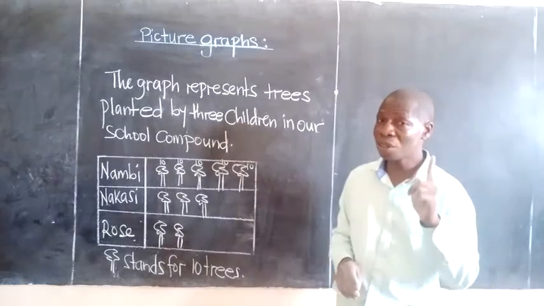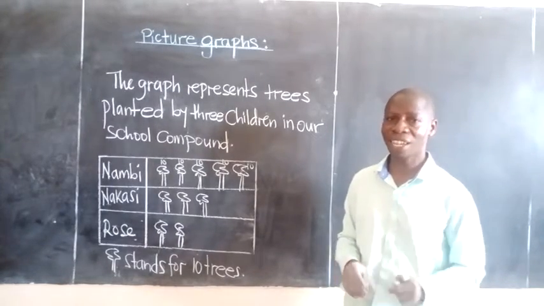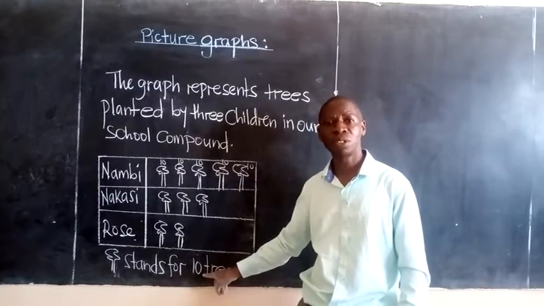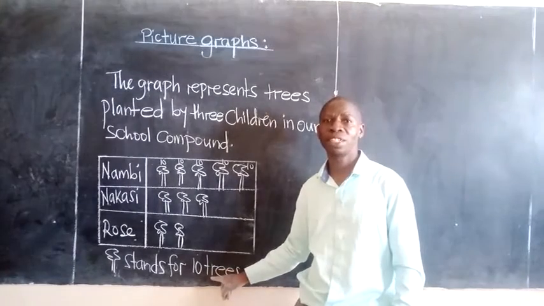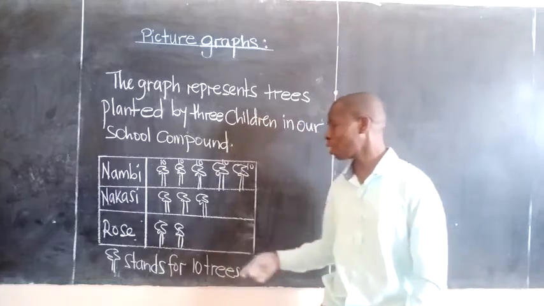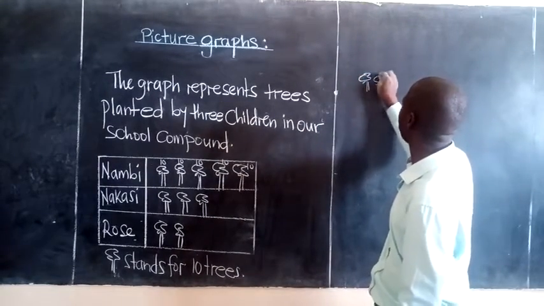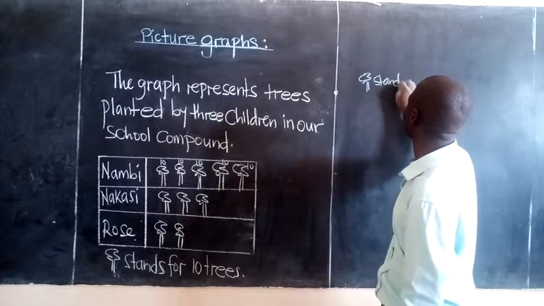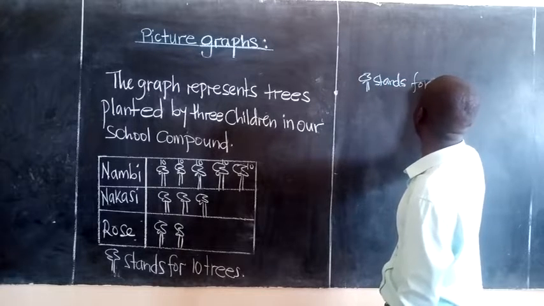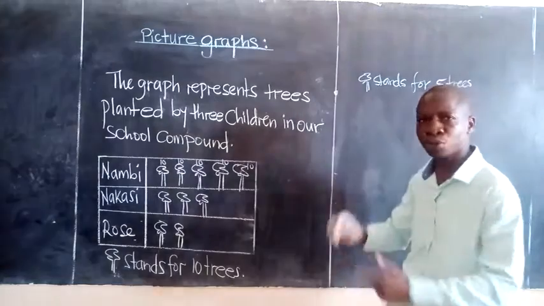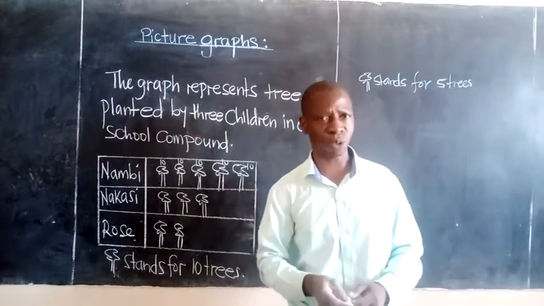So again, it's not mandatory that they give you 10 trees. In your next paper, they may say 1 tree stands for 5 trees, 4 trees, 2 trees, depending on what they want.